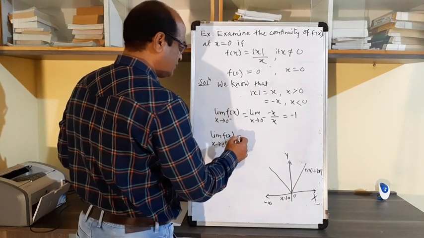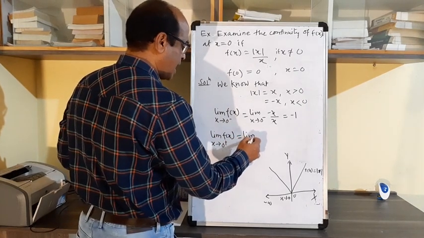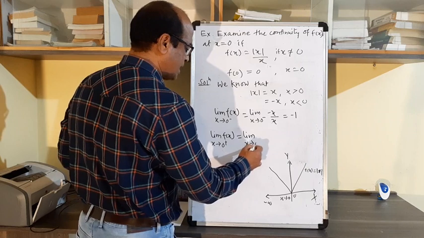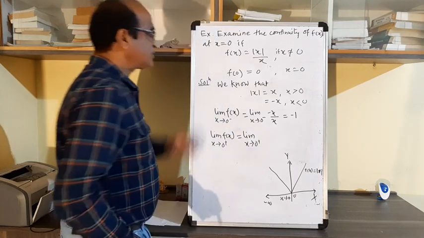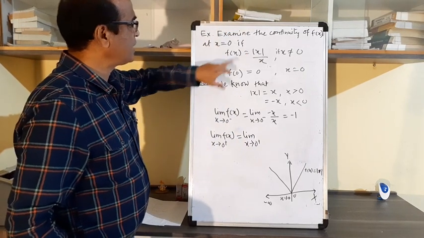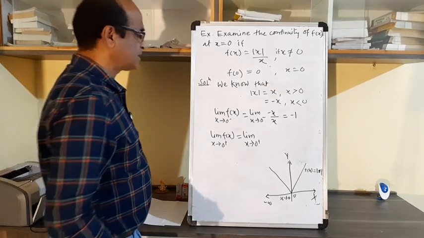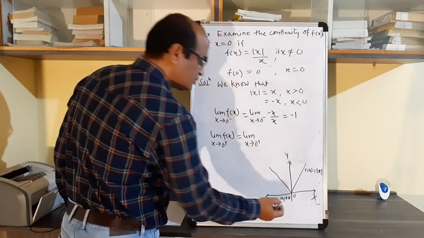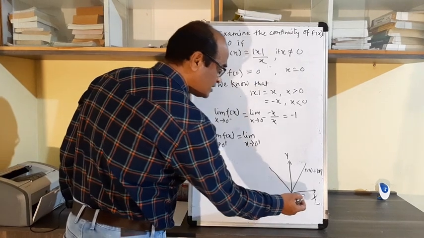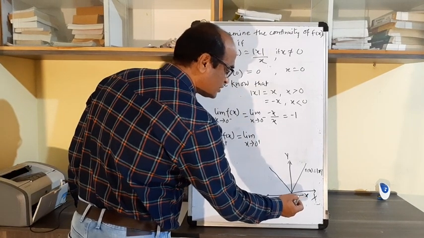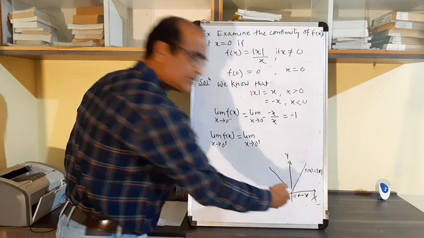So this is the right hand limit, the limit as x tends to 0 plus. The function is f(x) is equal to mod x upon x. So x approaches 0 from the right.